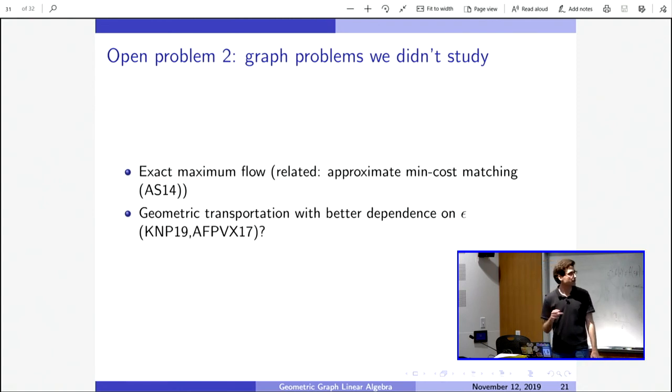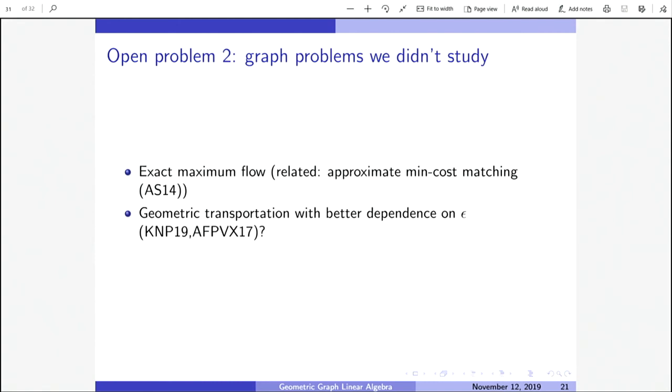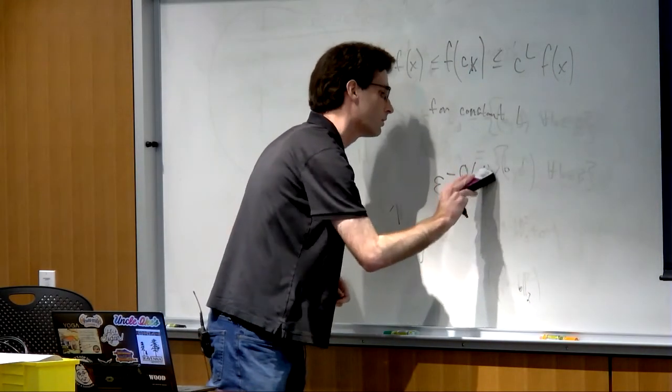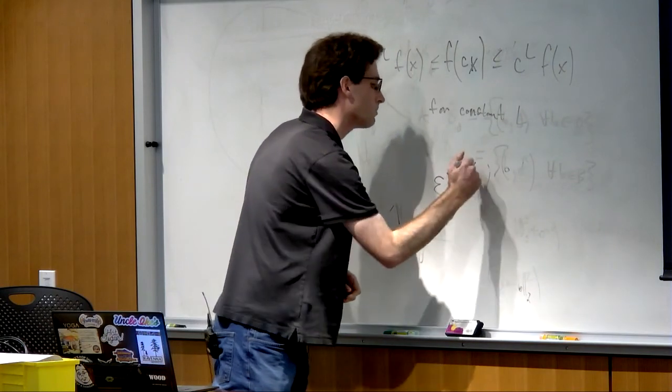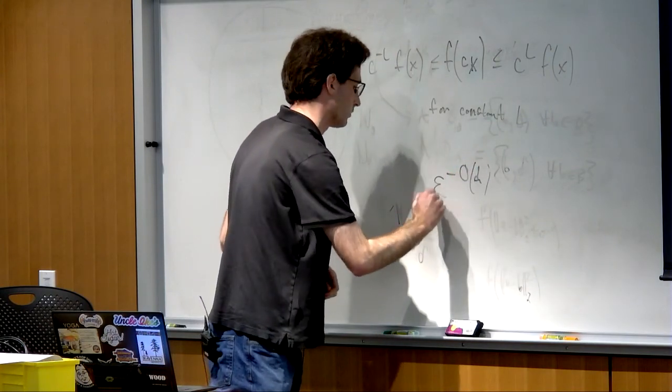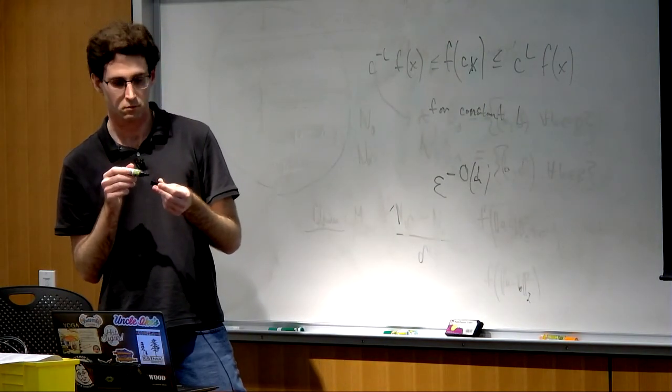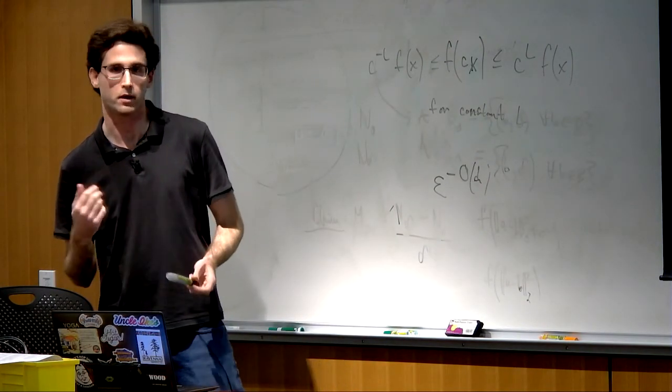For this problem, we have algorithms with a dependence on epsilon that looks like epsilon to the exponential in d. But it would be nice to know if you could improve this dependence on epsilon to log of 1 over epsilon using something like multipole.